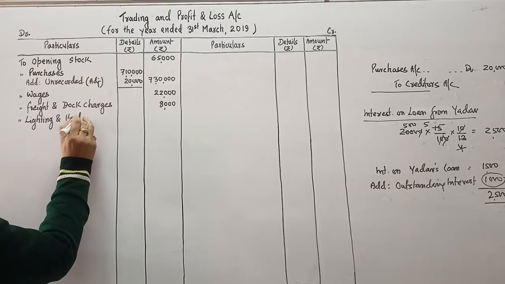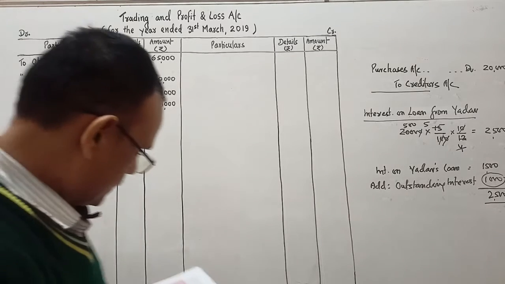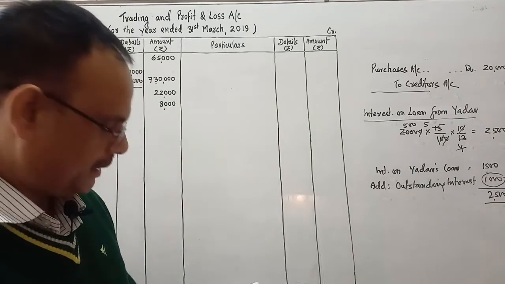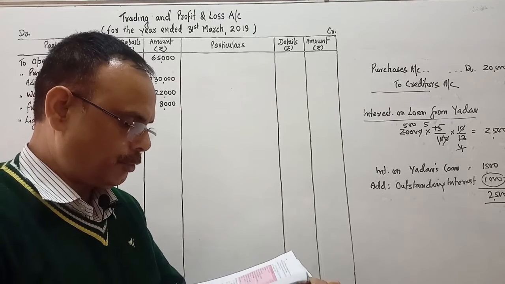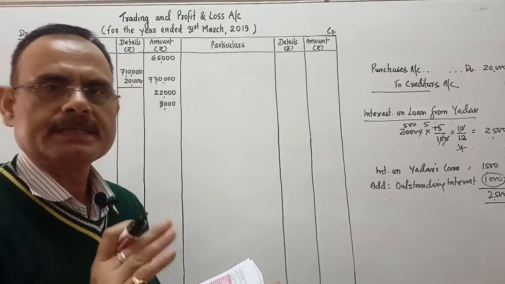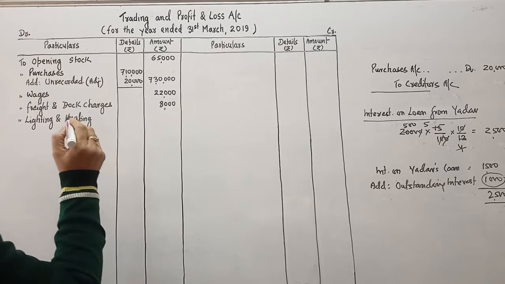This is related to the factory, that's why it's a direct expense. In additional information number 5, 3 months lighting and heating bill is due but not paid. It means it's an outstanding, so do the adjustment related to that.